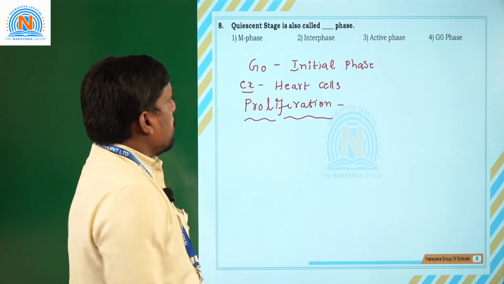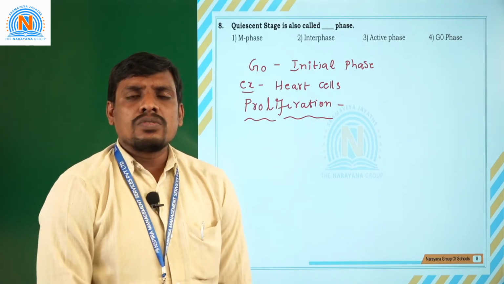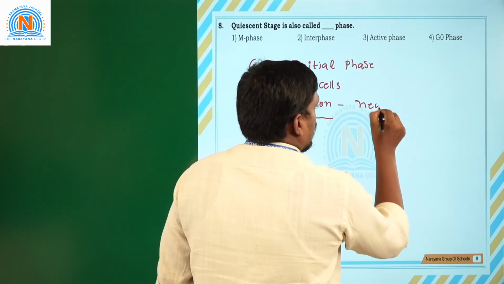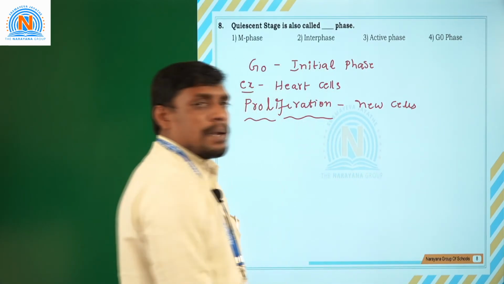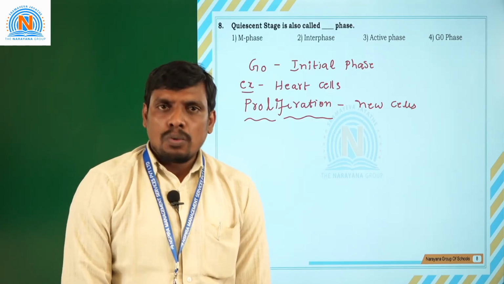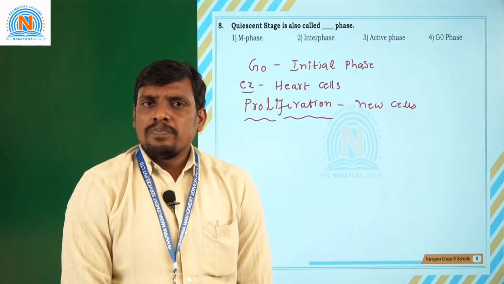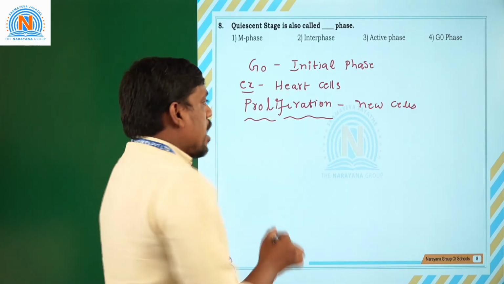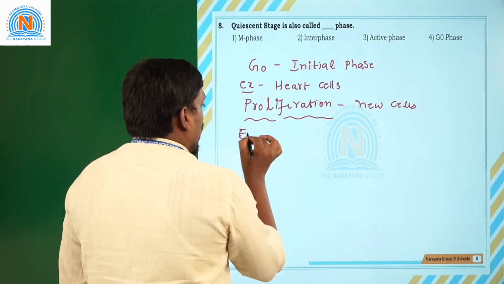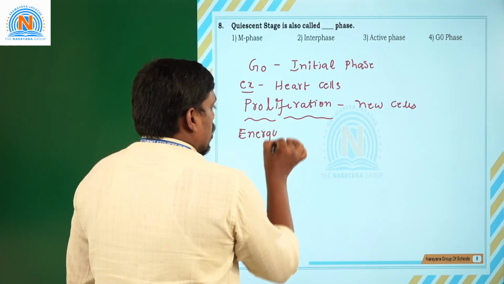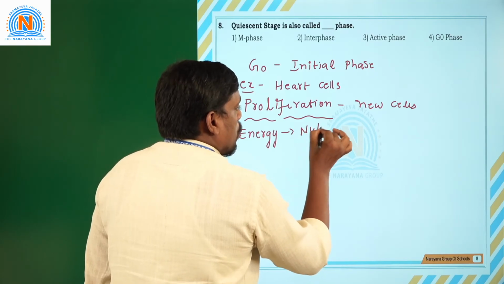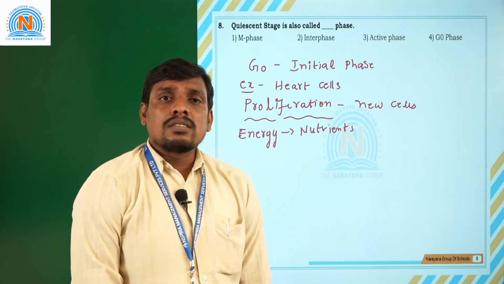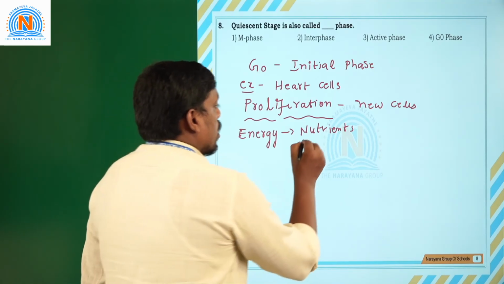So here, during the quiescent stage, only heart cells undergo the proliferation process and produce new cells, whereas the remaining cells, like brain cells, kidney cells, muscle cells or bone cells, undergo an inactive state during the quiescent stage, which means due to lack of good nutrients or energy, the remaining body cells like kidney cells, blood cells and liver cells become inactive.